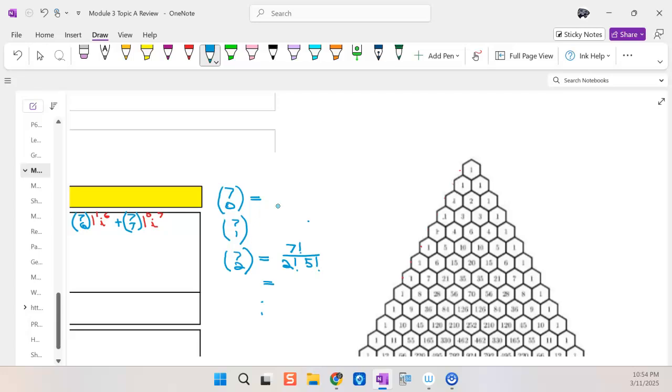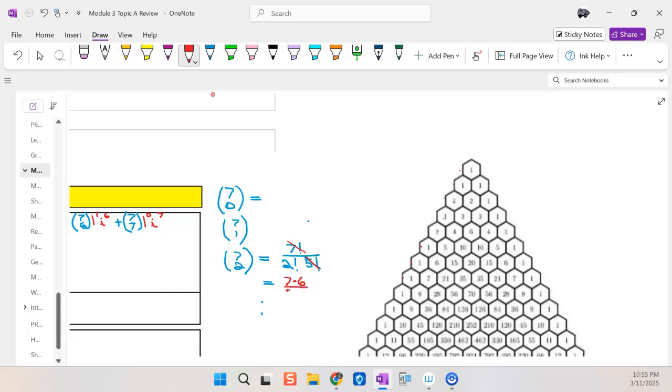So this 7 factorial is 7 times 6 times 5 times 4 times 3 times 2 times 1. So this 5 factorial is going to cancel out this 7 factorial, and all I'm going to be left with on the top is just 7 times 6, because the 5, 4, 3, 2, 1 canceled with this 5 factorial.